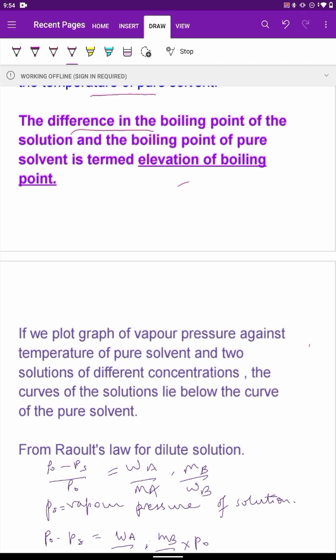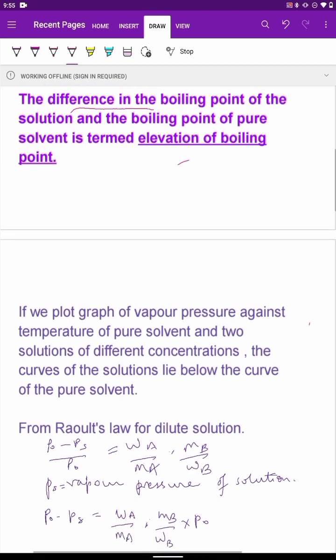So we plot three graphs: one for pure solvent and two for solutions having different concentrations. We find that the curves of the solutions are situated below the curve of the pure solvent. Now how to explain that?